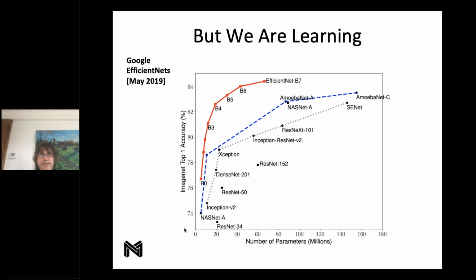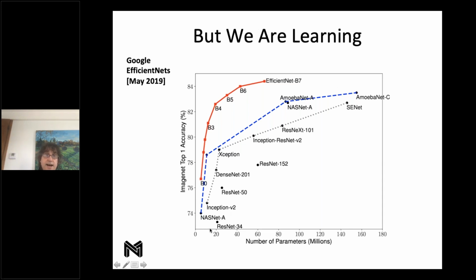This is from May 2019. Guys at Google came up with a network called EfficientNet. In this graph, on the X axis, you can see the number of parameters I need for a typical neural network, going from small networks like small ResNets all the way to AmoebaNet.